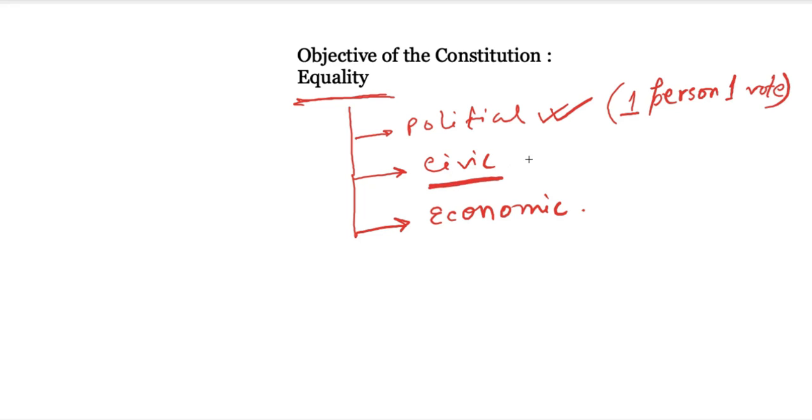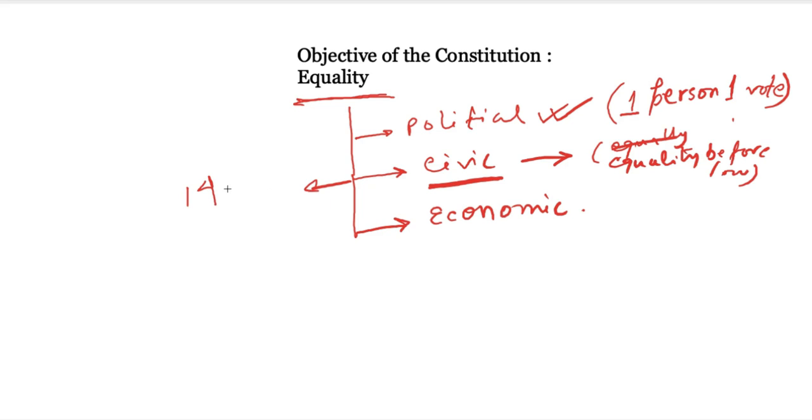Civic equality is that, let's say there is a law, and the law applies equally for everybody. So equality before law. This is Article 14, not only Article 14 but Articles 14 to 18.